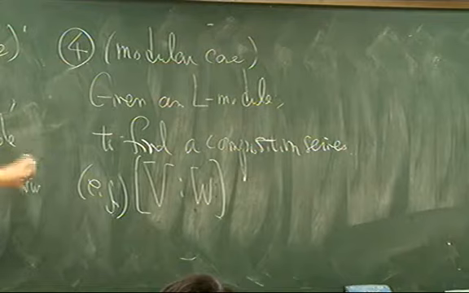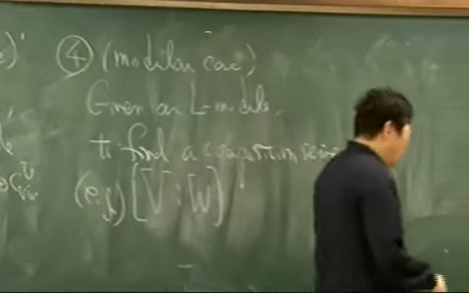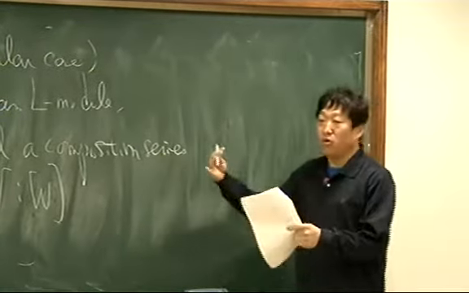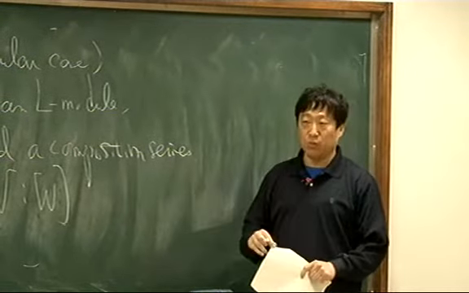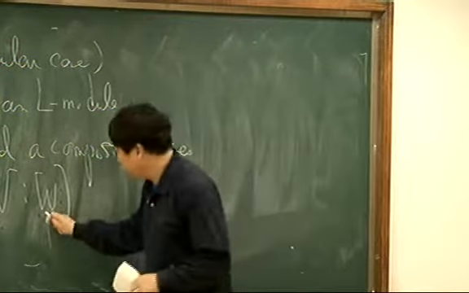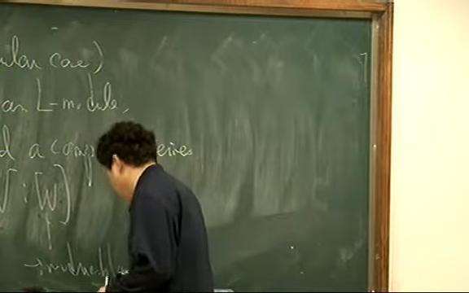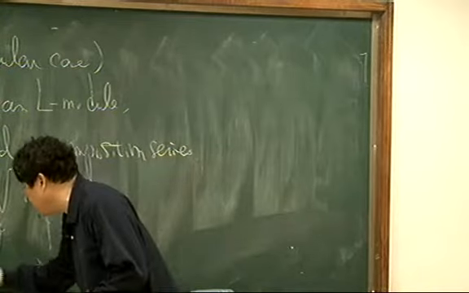It is called outer multiplicity. So these four are fundamental problems in representation theory. W is irreducible, and V is usually indecomposable.